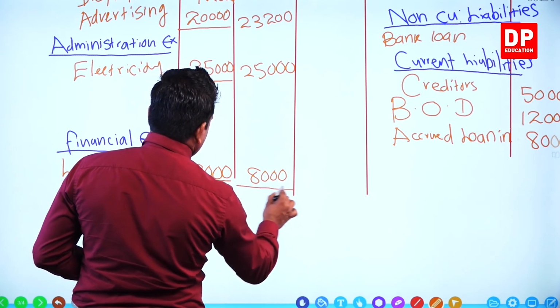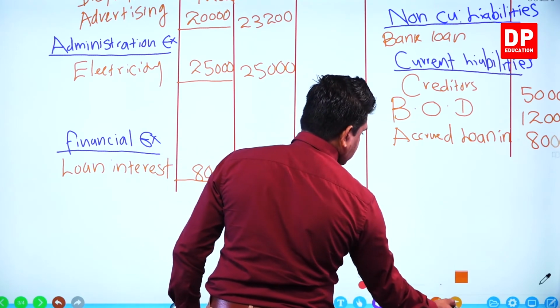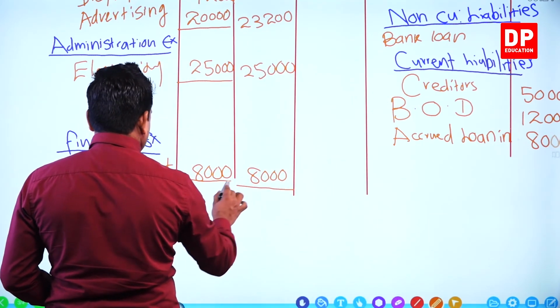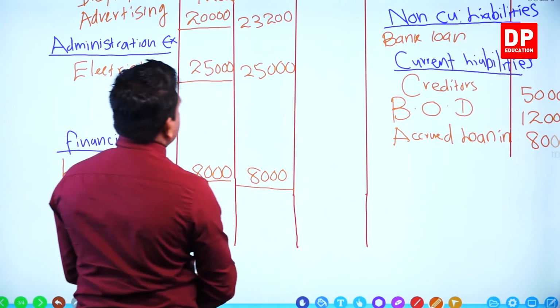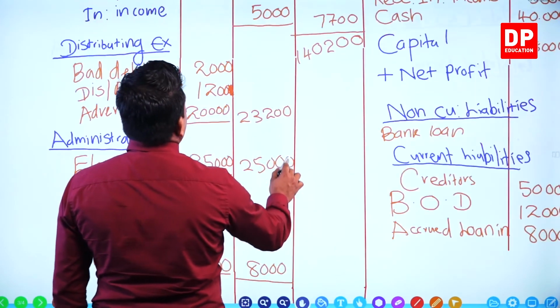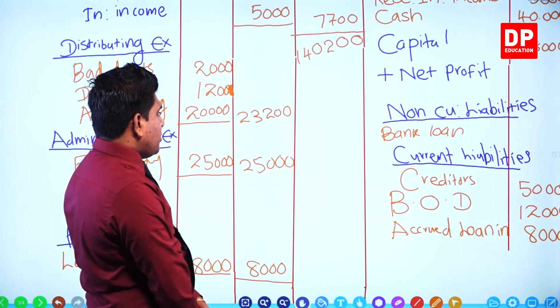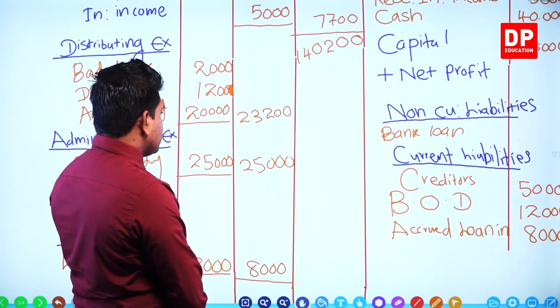Then finally you can get the total of these all. 25,000 plus 23,200, how much? 48,200.